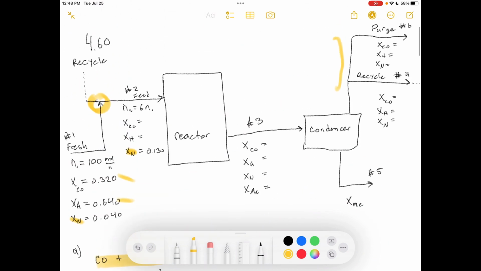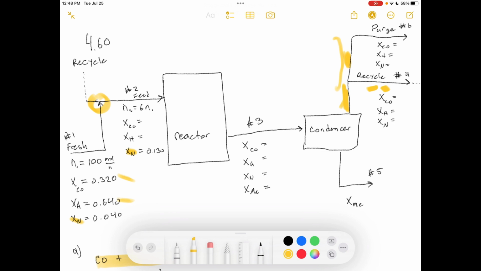Why is N4 equal to N6? Well, the recycle, N4, comes off of the exact same stream as N6 does, right? So they are the same stream.